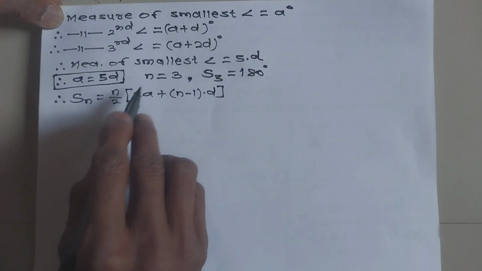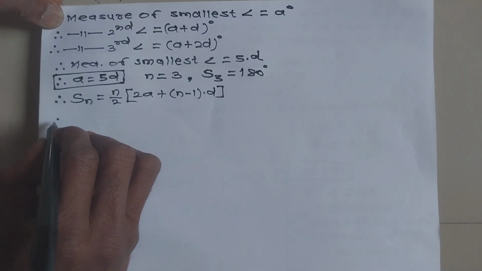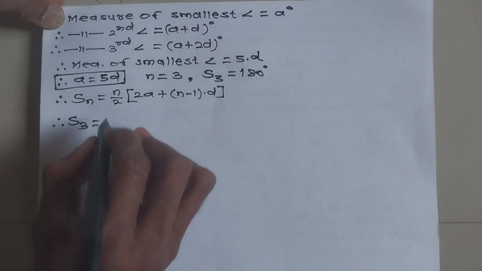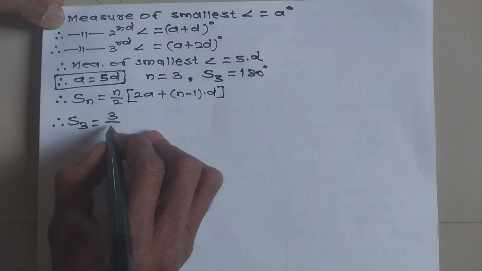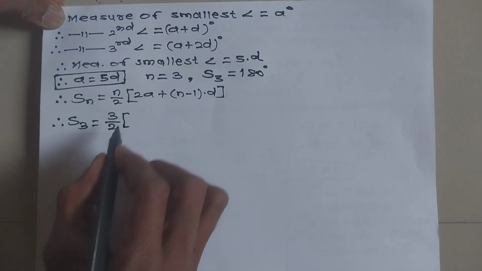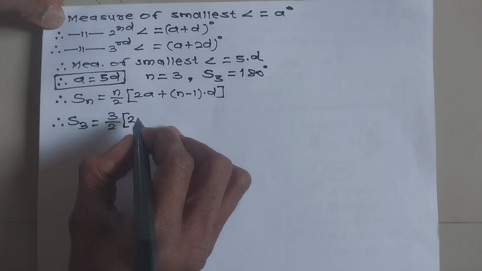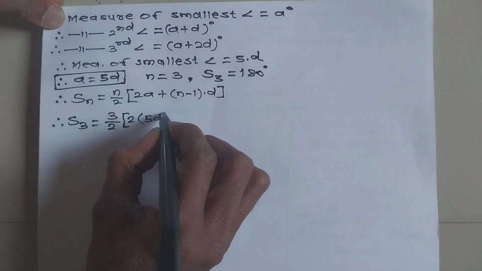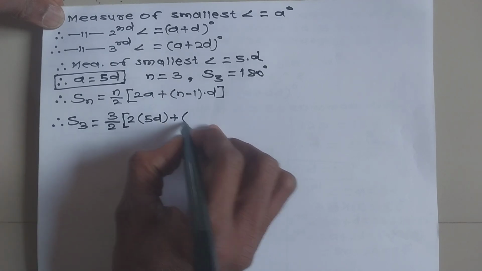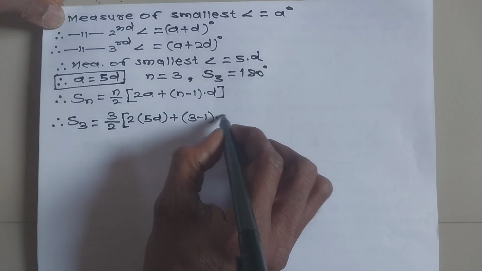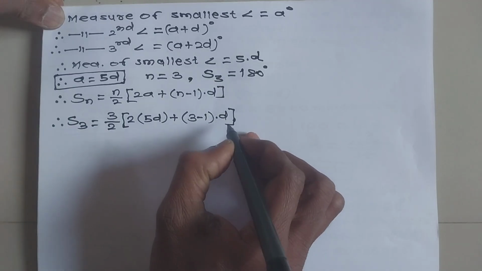Now here we put the value of n: S3 is equal to 3 upon 2 bracket 2 into the value of a, 5d, plus the value of n, 3 minus 1, into d.